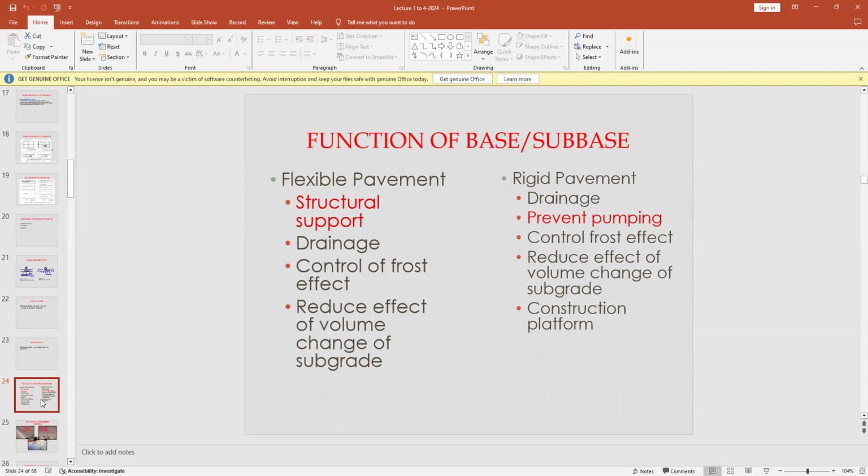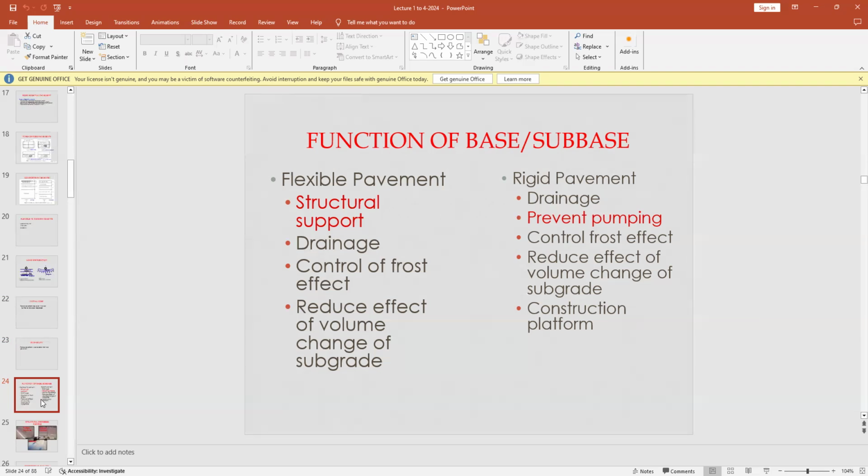Another phenomenon is pumping. What is pumping? It is the water that comes out from the pavement. In concrete pavement we provide joints, and these joints are openings.